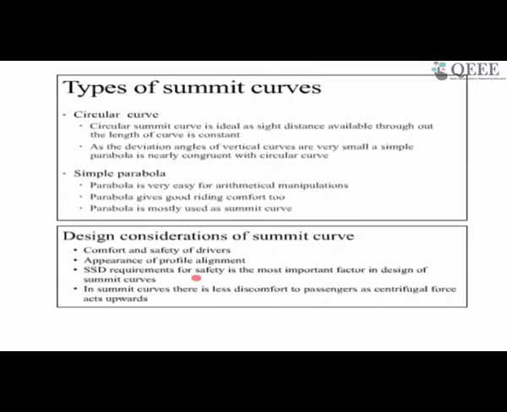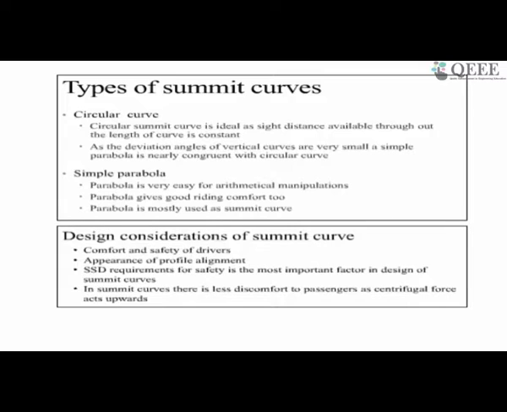And you also need to look into the profile. If you are providing a parabola, it will give you a smooth profile which is gradually changing the radius, whereas circular is not going to do that. You as a driver are going to see all of a sudden there is a change. Now the other thing is that in the summit curve, the centrifugal force on the vehicle is going to act upward, whereas the weight and the mass are going to act downward due to gravity.